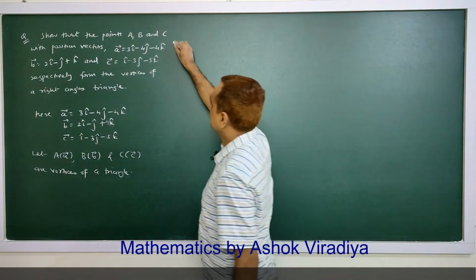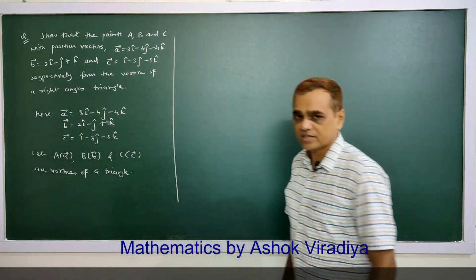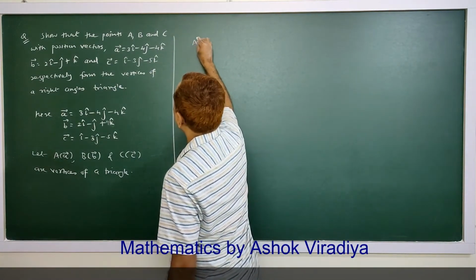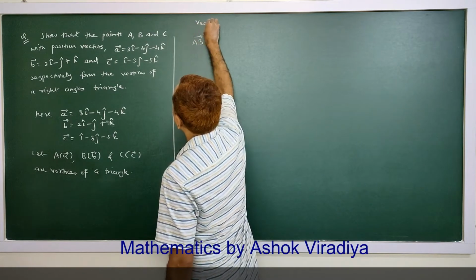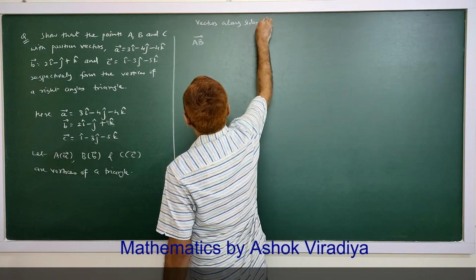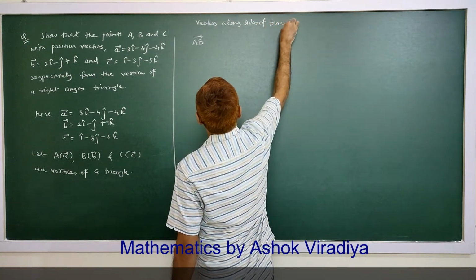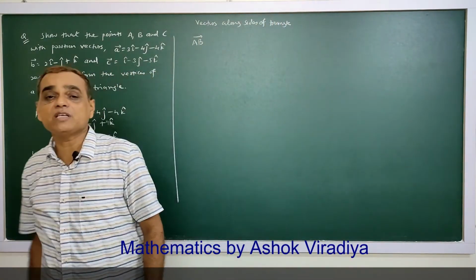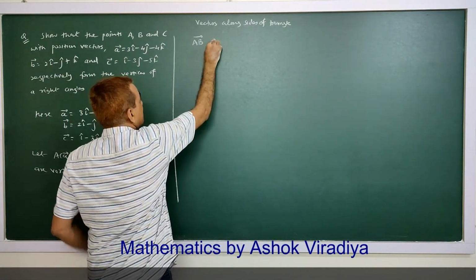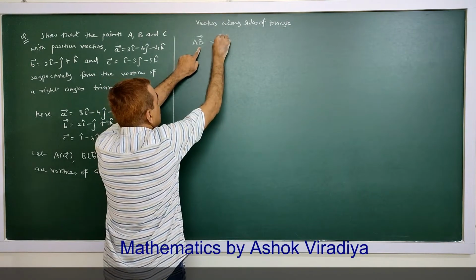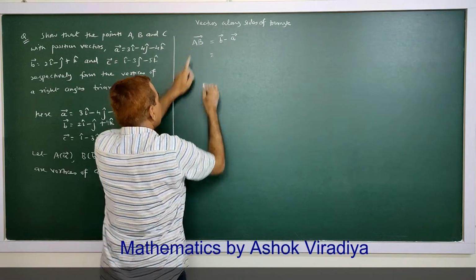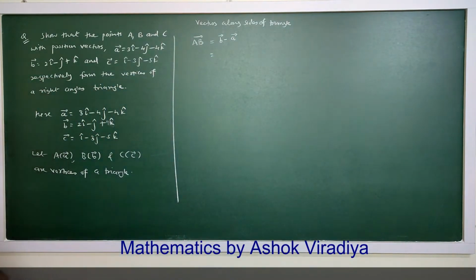Now we find the vectors along the sides of the triangle. First of all, vector AB. Vector AB is the position vector of B minus the position vector of A, B bar minus A bar.